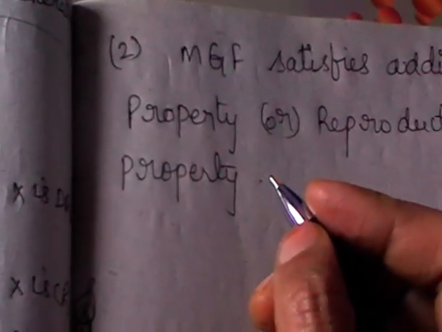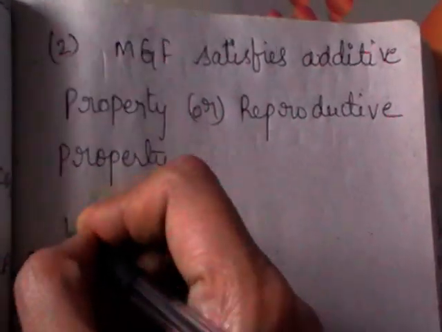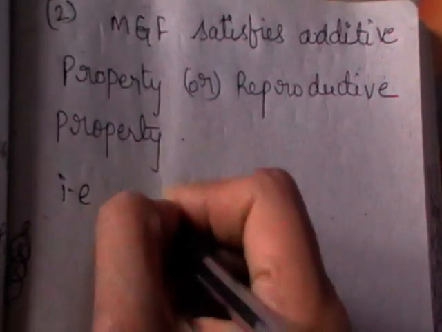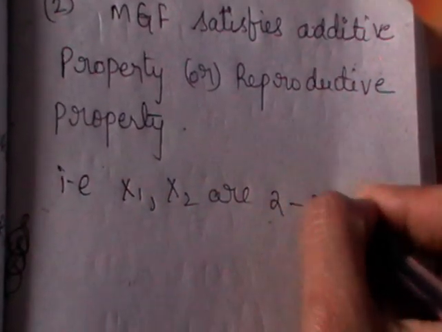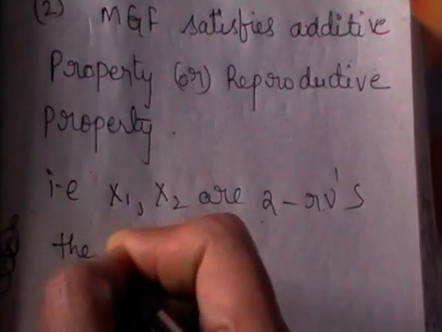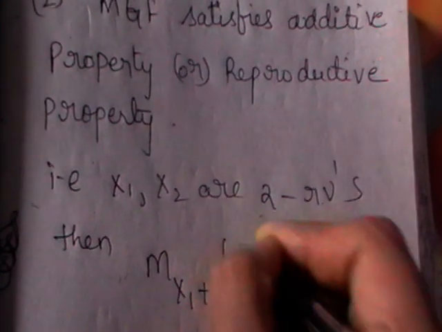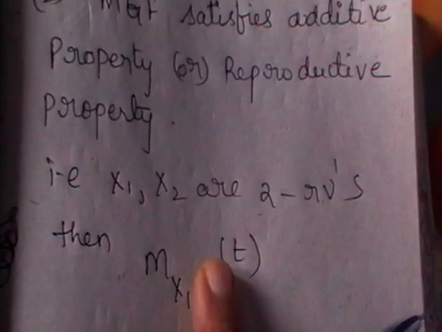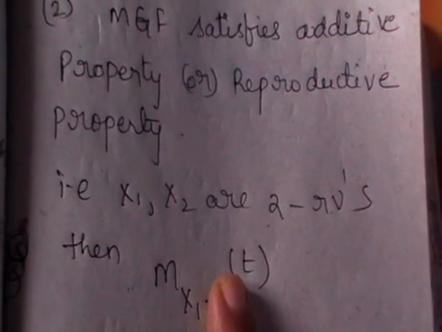The additive property, as the name itself tells, means that you are going to add two variables. That is, if X1, X2 are two random variables, then with only one variable we call it the generating function of X1.